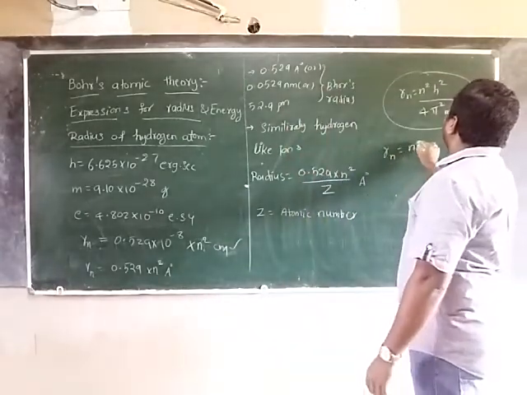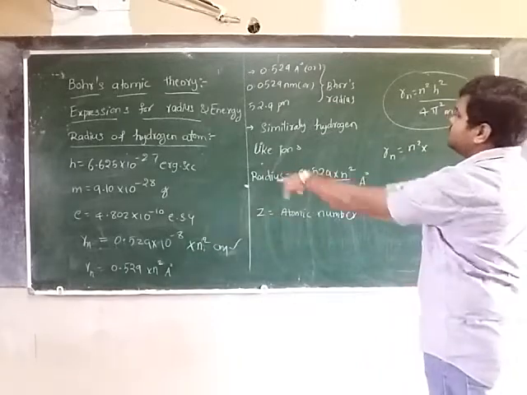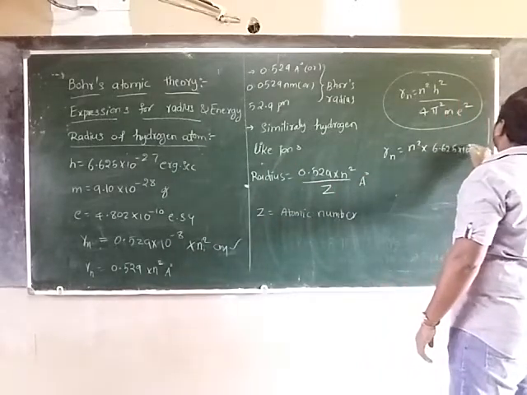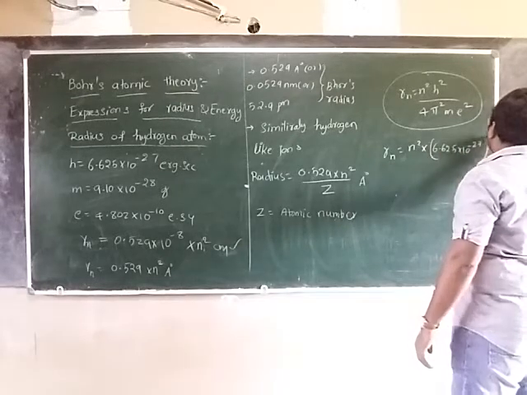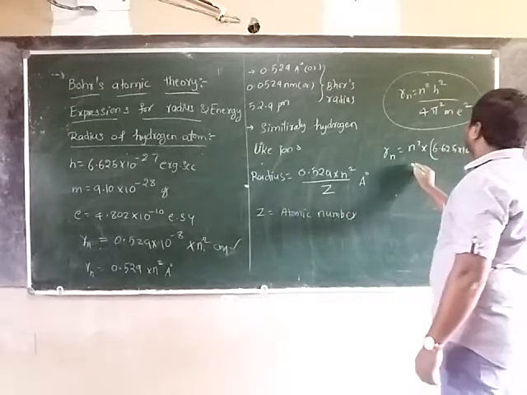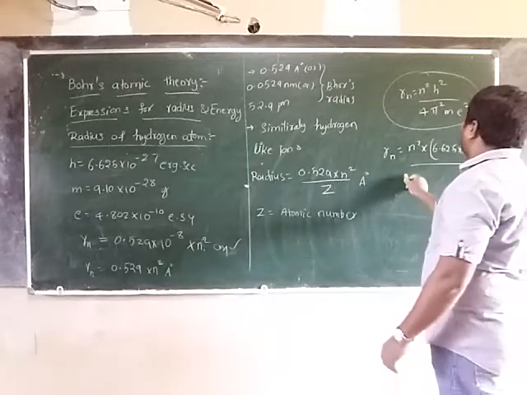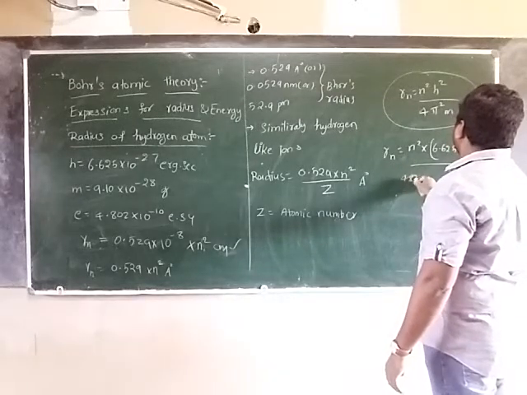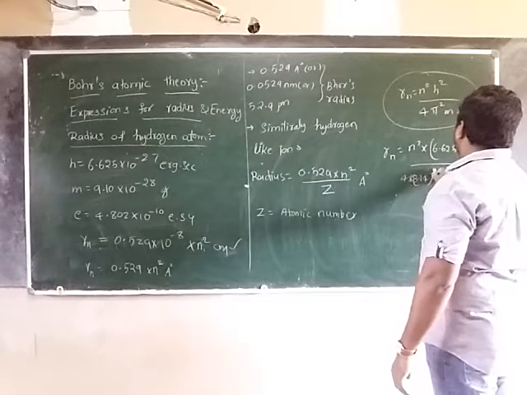Rn is equal to n square into h square, that is 6.625 into 10 to the power of minus 27 square, in erg second, divided by 4 pi square. Pi value is 3.14 square.